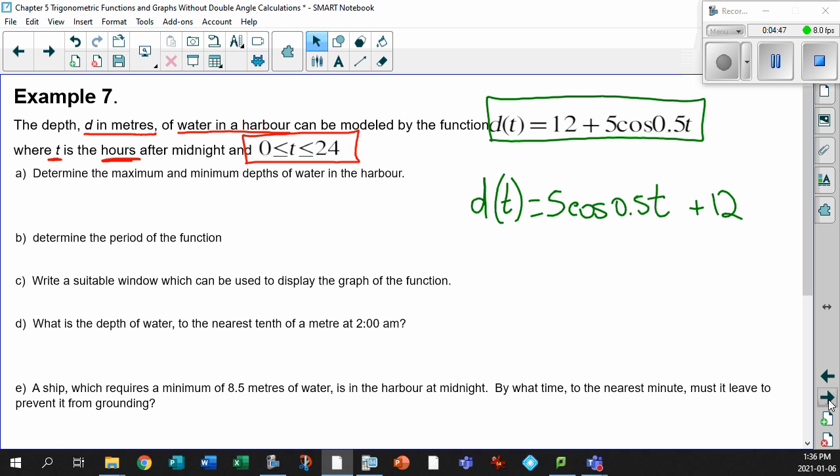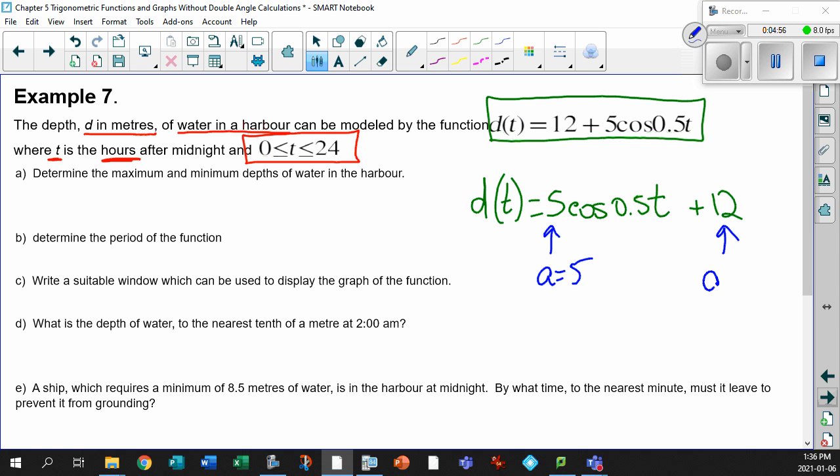You can take this amplitude here, our amplitude of 5. You can say there's our average depth of 12, because it's right in the middle. I can find high tide by adding the 5 to this and low tide by subtracting the 5 from this.